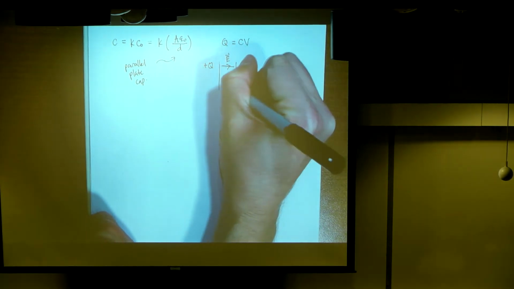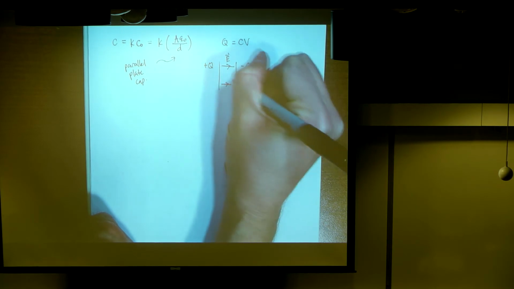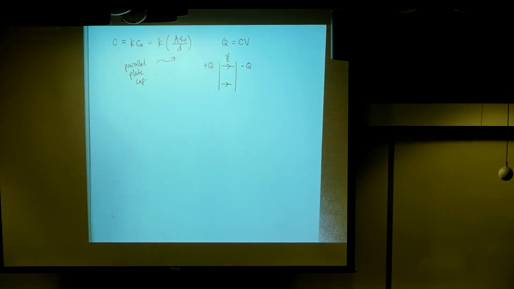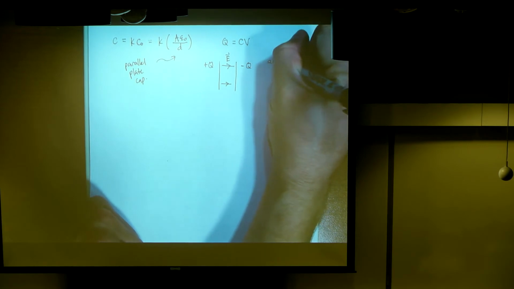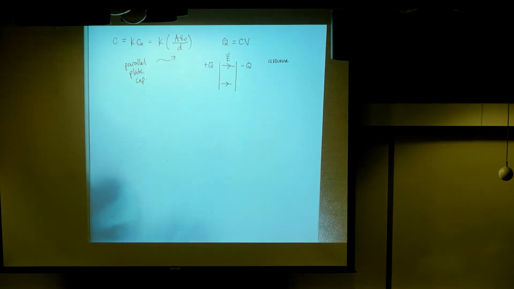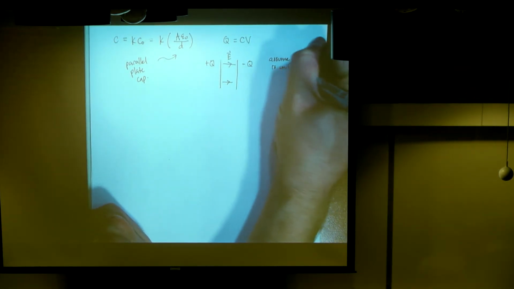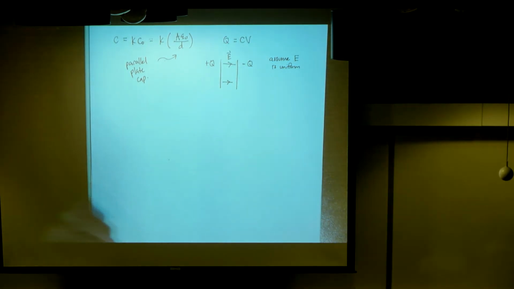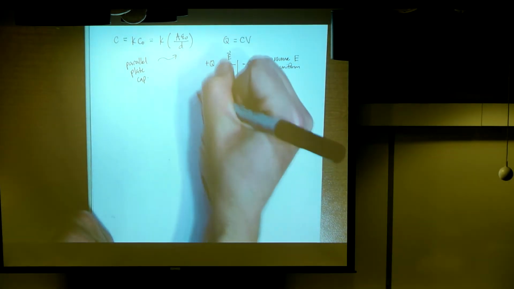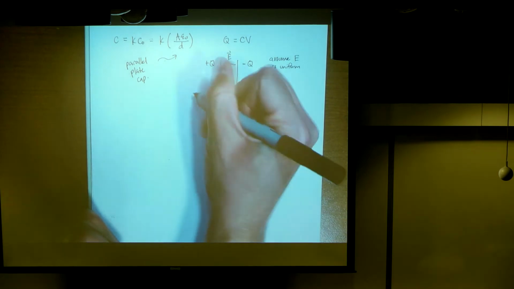That's my E field, and we can assume it's basically uniform in between the two plates, which is a good assumption if the plates are big compared to the separation. So we'll assume E is uniform. Now, how do I calculate a potential difference between 2 points?